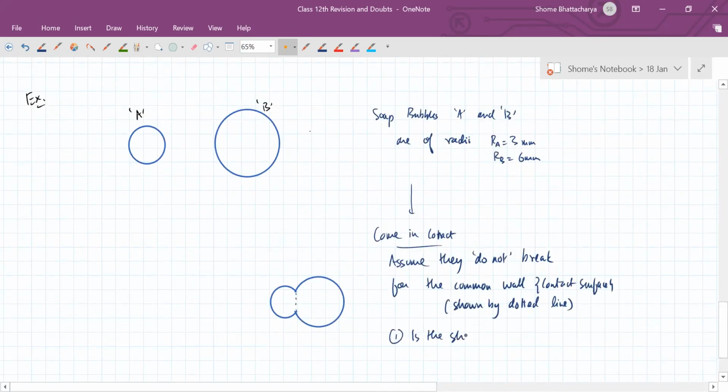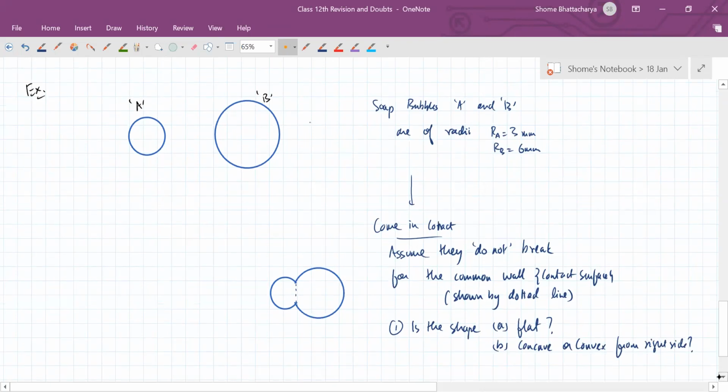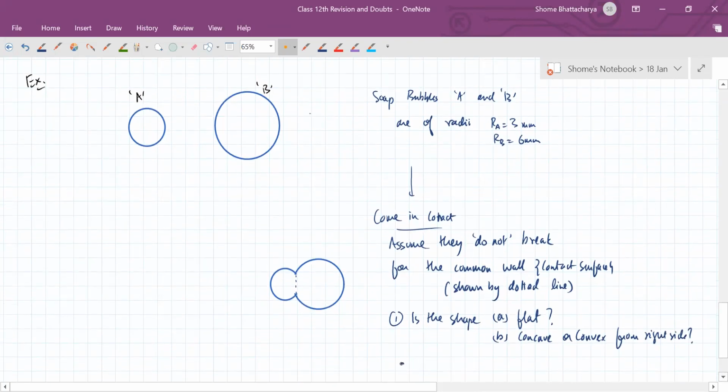Is the shape flat, or concave, or convex from the right side? And the radius of curvature.